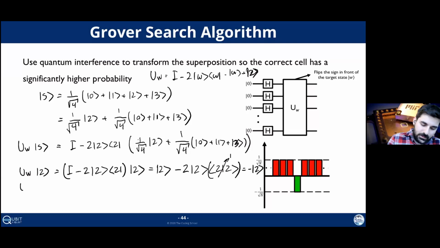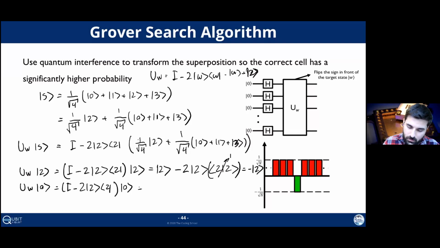And now, as an example, I'm just going to apply this operator to, let's say, the 0 state. The argument that I'm going to make is that if we don't have the right answer, I expect the operator to behave the same regardless of what that answer is. So I have the identity acting on 0, which is just going to give me a 0.